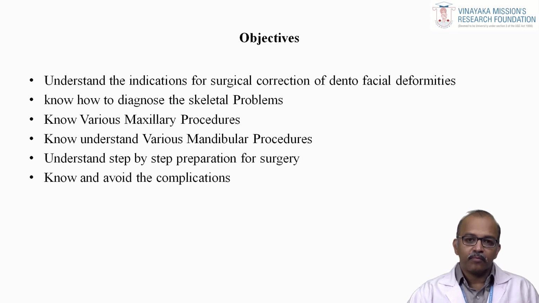Know the various maxillary procedures to correct those problems, the various mandibular procedures, and the step by step preparation for surgery. You know the complications that might happen and how to manage them. To summarize, you know the maxillary osteotomies, mandibular osteotomy procedures, indications for those procedures, and step by step preparations.